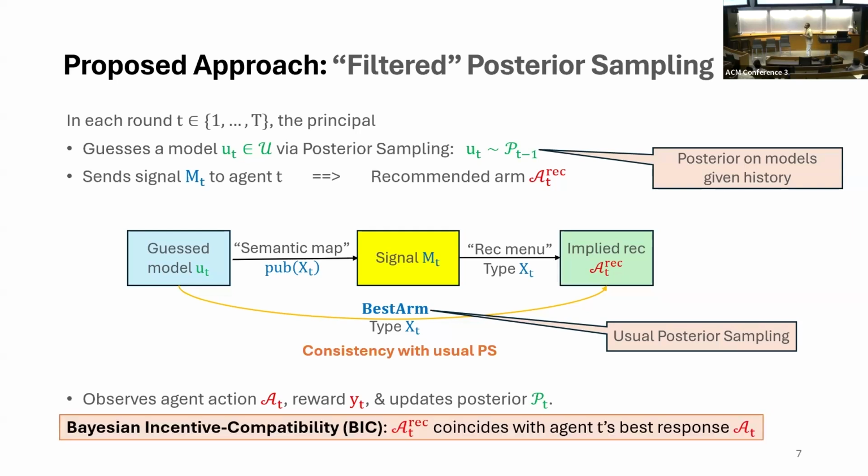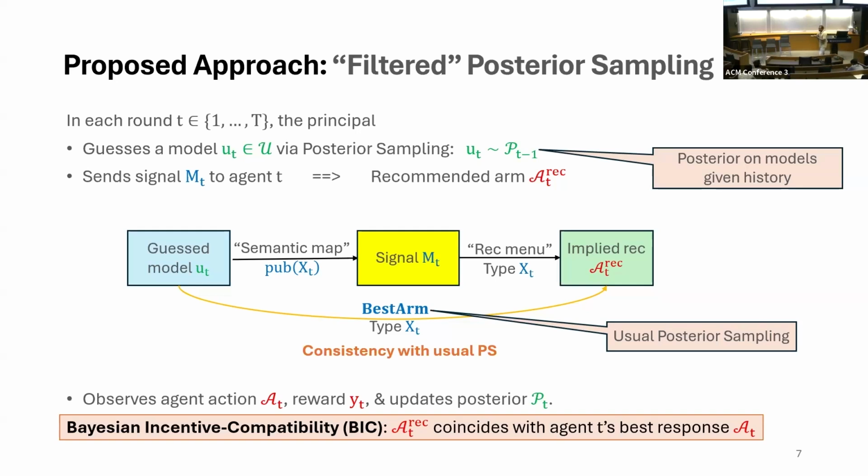Now, let me introduce this notion of incentive compatibility. Relevant to our setting, this is called Bayesian incentive compatibility. Why do we need that? We want agents to comply with our recommendations. The benefit is that if they comply, we will end up implementing posterior sampling in some way, shape, or form.